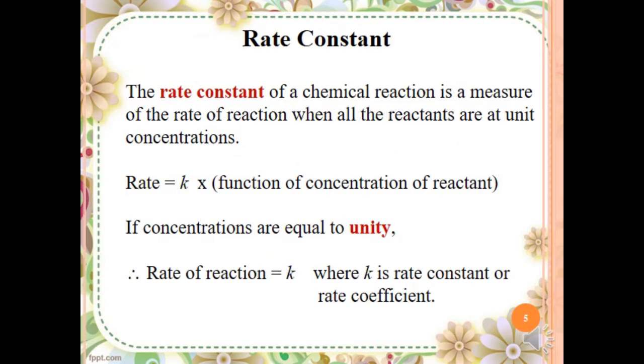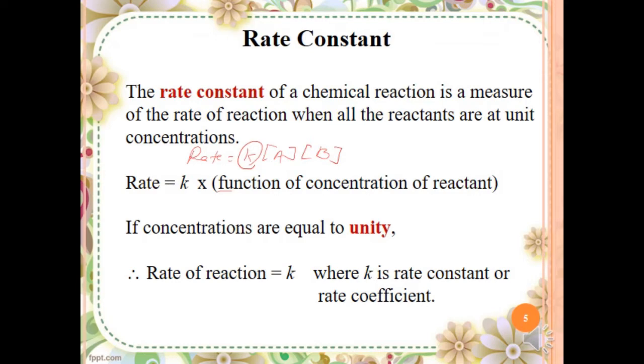Now the rate constant of a chemical reaction is a measure of the rate of reaction when all the reactants are at unit concentration. So rate equivalent to K times a function of concentration of reactant, like just now. Rate equivalent to K times species A times species B. So K here refers to the rate constant.